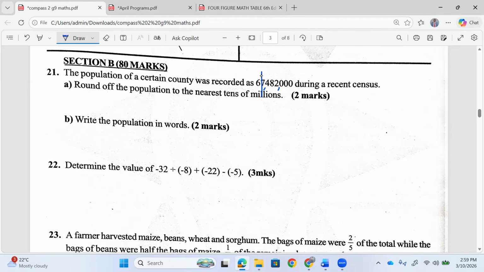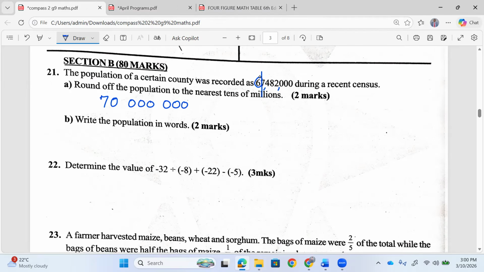So when you discover that it is 6 that is in tens of millions, now you ask yourself, what about the previous digit, which is in the position of millions? It is a 7. Can a 7 increase 6? Yes. So 6 becomes 7, and all the other digits become zeros. So it's going to be 70 million.